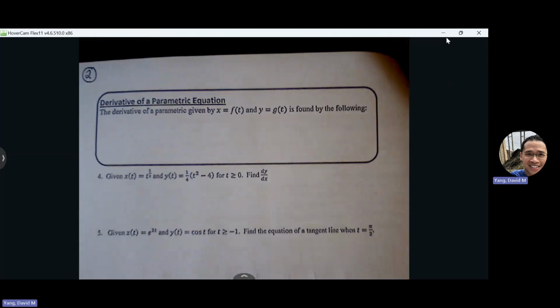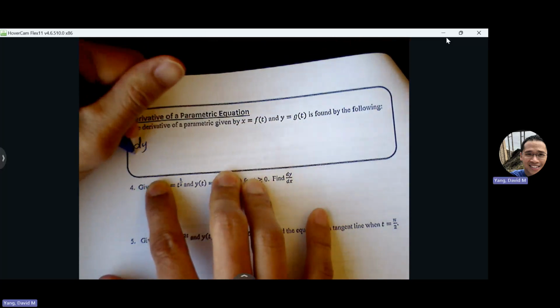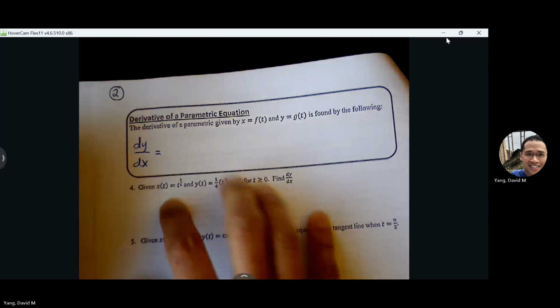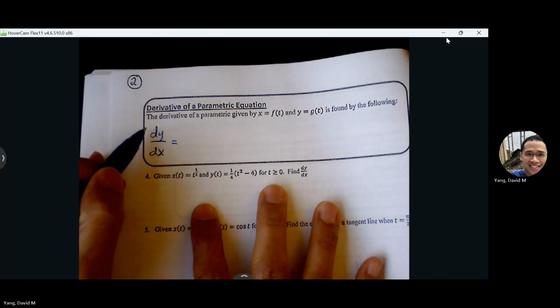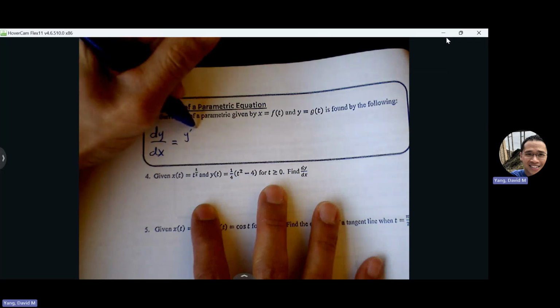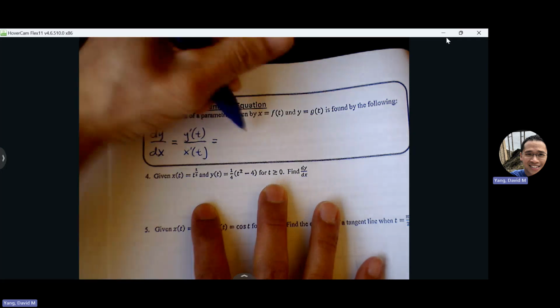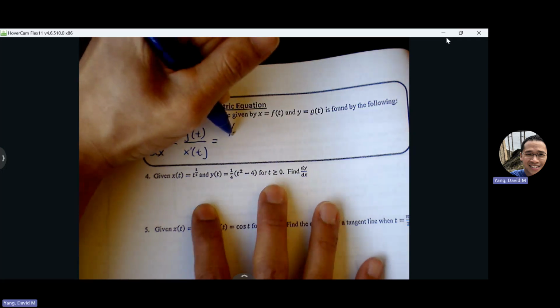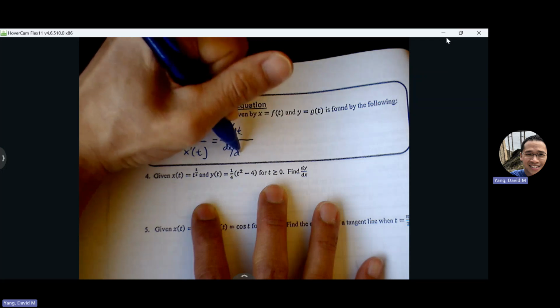Here's the formula for the derivative involving a parametric equation. We know that the derivative is just dy over dx. But if our x and y are defined in terms of t, then we can think of it as y prime of t divided by x prime of t. So in other words, we can find the derivative of the y component with respect to time, and then the x component with respect to time.